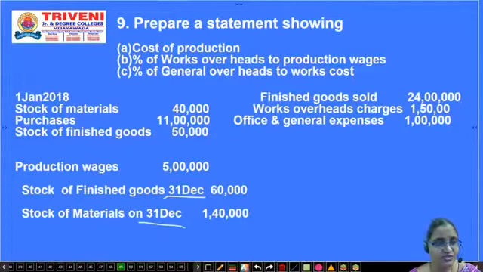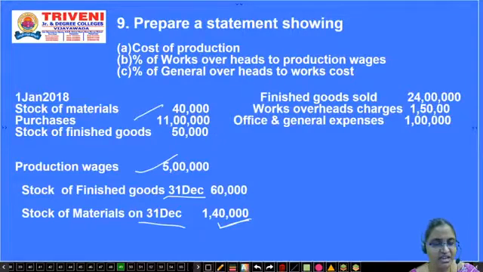So, first, an overall explanation of the sum. First you take stock of material: opening stock 40,000, add purchases 11 lakh, minus closing stock 1,40,000. Opening stock plus purchases minus closing stock, you get the material consumed. After that you take the production overheads: material consumed plus production wages, now you get the prime cost.